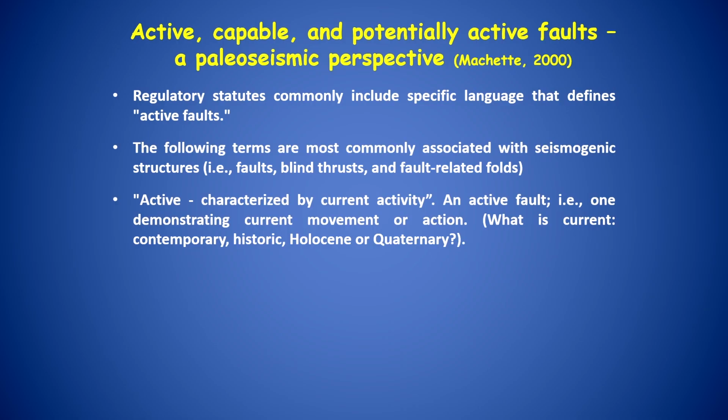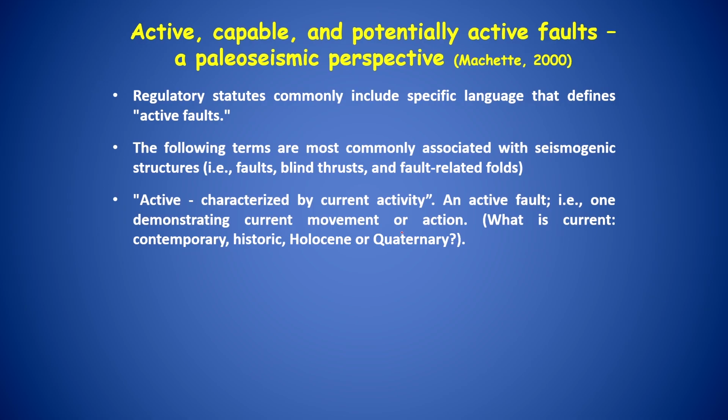We see that the fault topography is very active, and based on paleoseismic studies we can suggest that an earthquake can be hosted by that fault in the near future. So, an active fault is one demonstrating current movement or action.